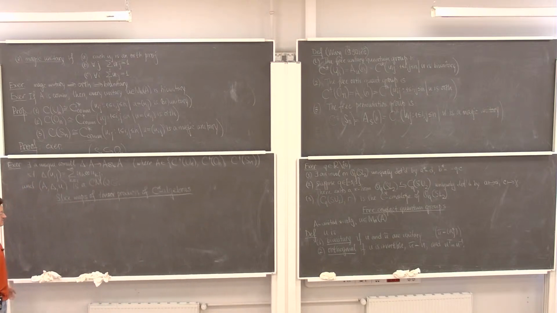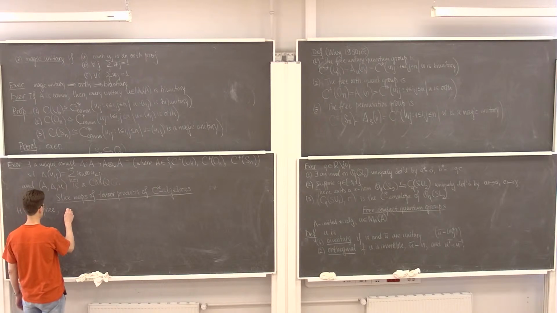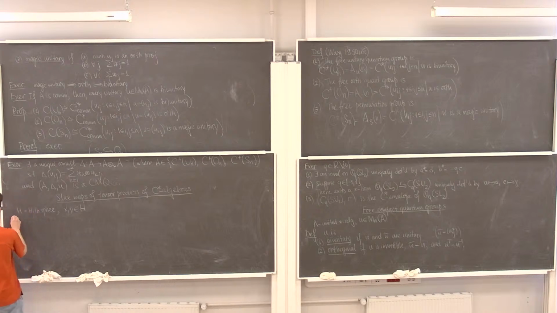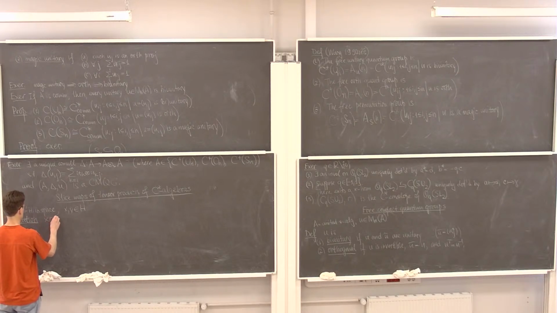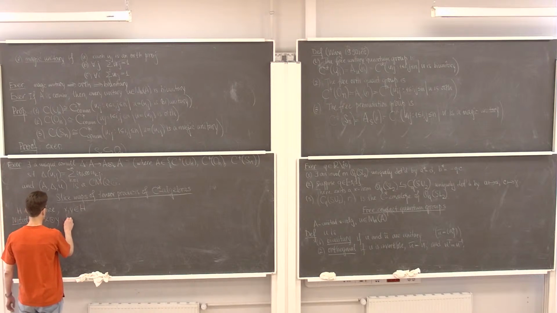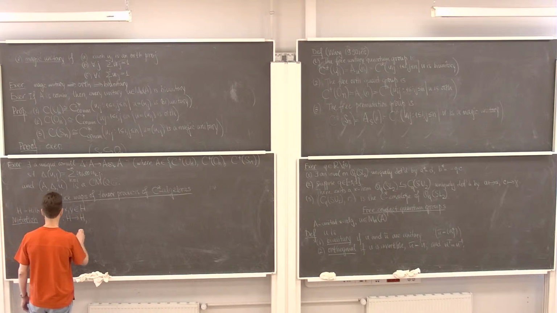First of all, let's introduce some standard notation. Suppose that H is a Hilbert space, and suppose that X and Y are two elements of H. So we introduce the following operator, which will be denoted like this, X circle Y. This is an operator on H, which acts by the following formula.